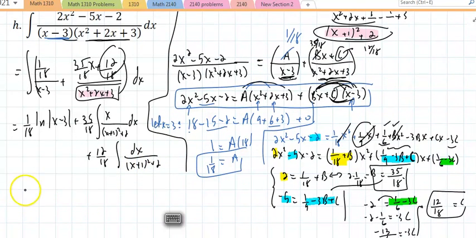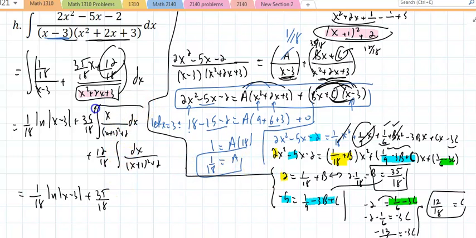So that's going to equal 1 over 18 natural log of x minus 3 plus 35 over 18. And if I look at this problem here, I have to make a substitution right there for this piece. I'll work this out on its own. But this right here is 12 over 18, which can reduce by 6, right?